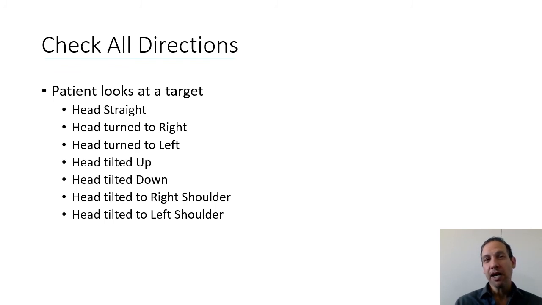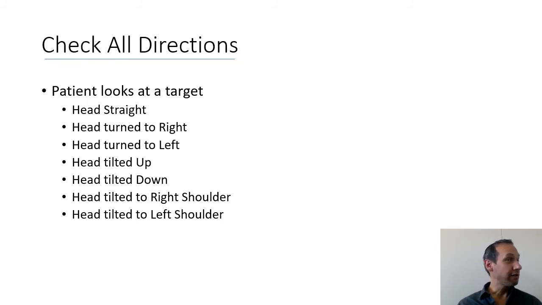And the way that I think is easiest to do that is just give the patient a target to look at the other end of the room. And then while they're looking at that, you ask them, do they see double or blurry vision? We'll get to that point in a moment as they're looking straight ahead, and then turning their head to their right. If I'm looking at the target with my head turned to my right, I'm really testing my left sixth nerve.